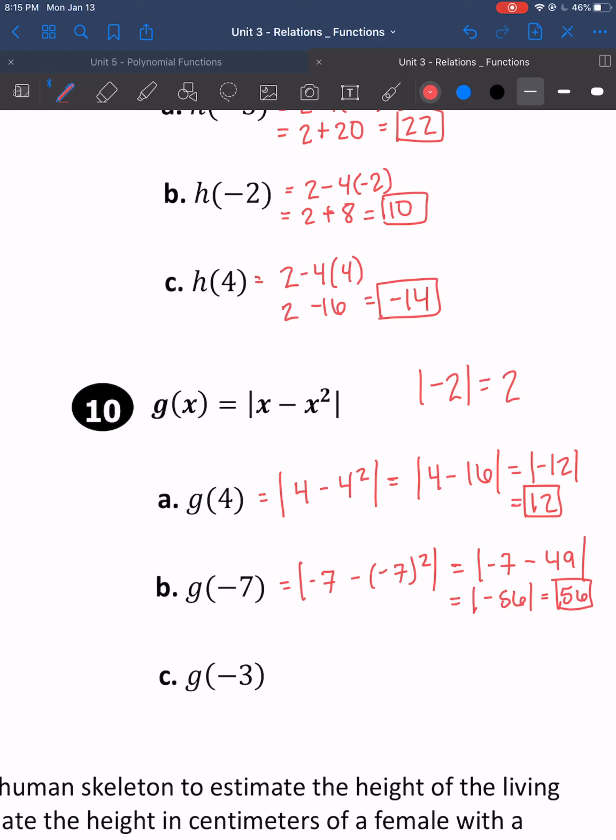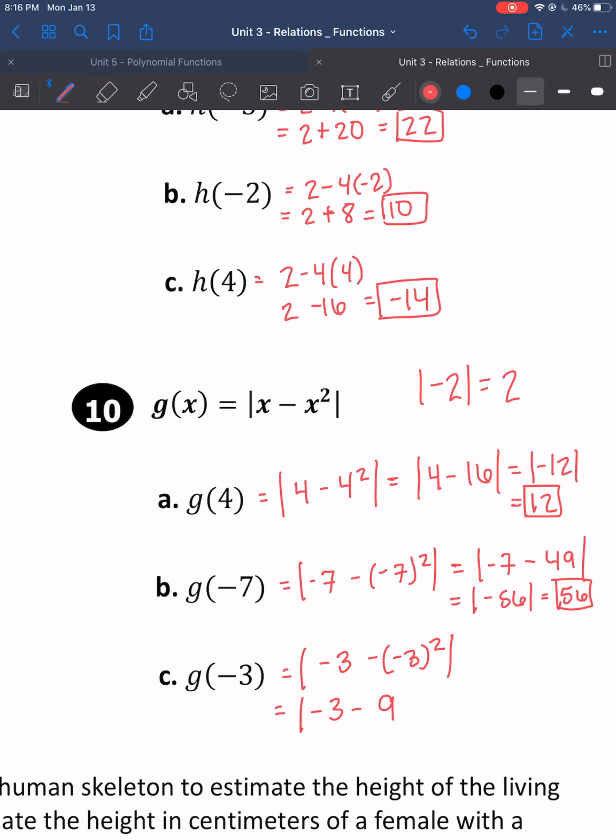And last but not least, I want to find g of negative 3. So that's the absolute value of negative 3 minus negative 3 squared. So I have negative 3, and then minus negative 3 squared gives me 9. That should be an absolute value, not a parenthesis.